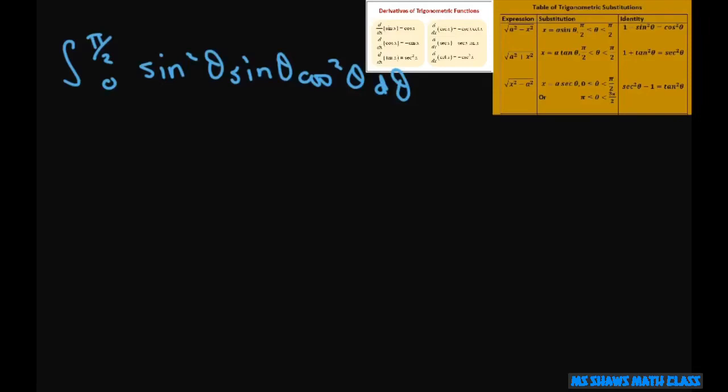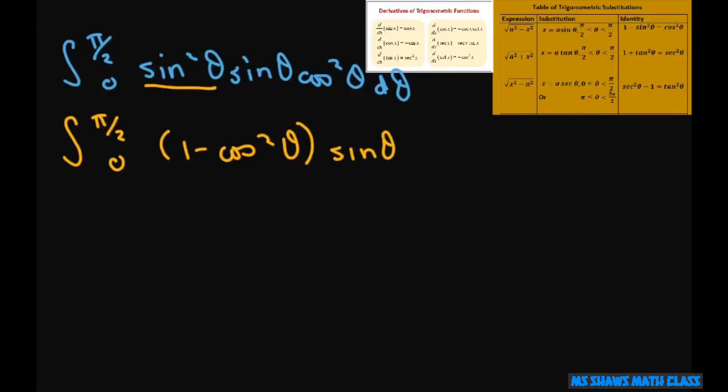So simplifying further, I can write this as 1 minus cosine squared theta times sine theta cosine squared of theta.